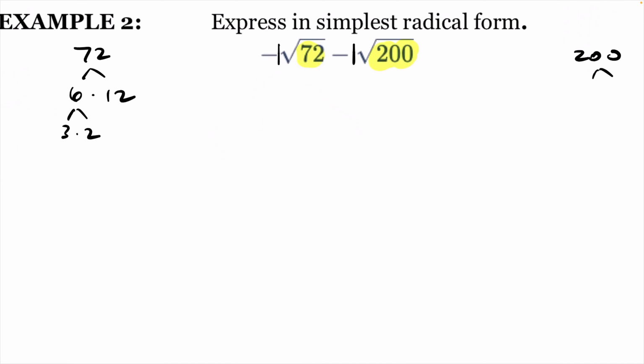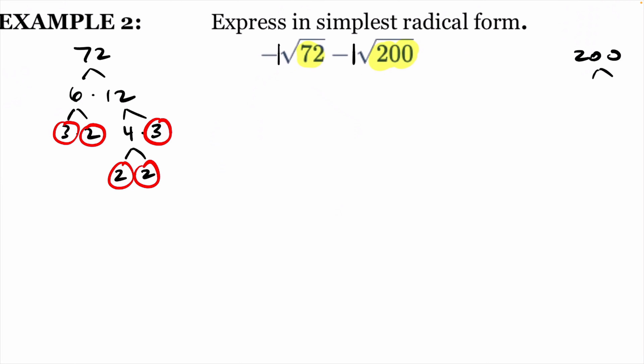I'm going to circle the 3, circle the 2, because those branches don't go any further, because 3 is 3 times 1, 2 is 2 times 1. 12 is 4 times 3, circle the 3. 4 is 2 times 2, circle the 2's. So 72 has got 3 times 3 times 2 times 2 times 2.